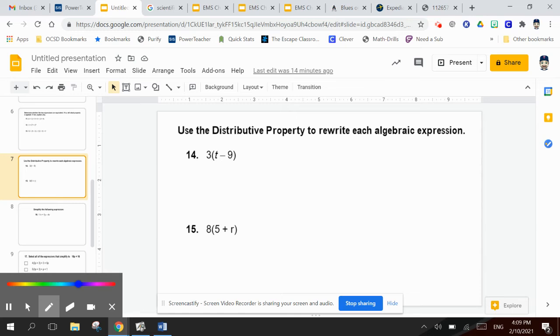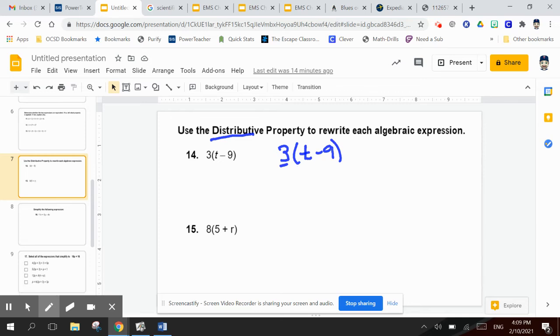Number 14 and 15 say to use the distributive property to rewrite an algebraic expression. So 3 times the quantity of t minus 9. Here in my distributive property, I'm going to distribute the 3 to both numbers inside the parentheses.